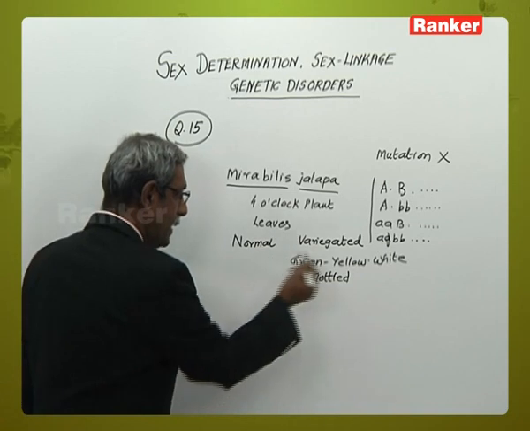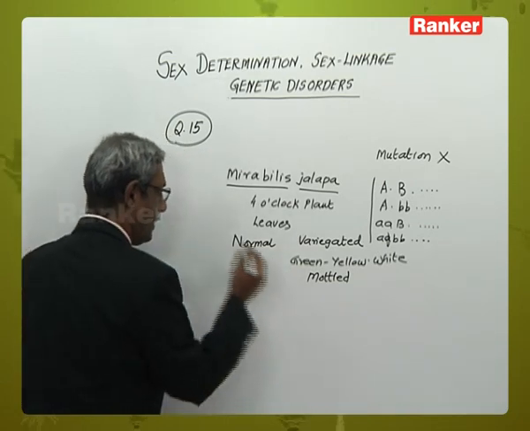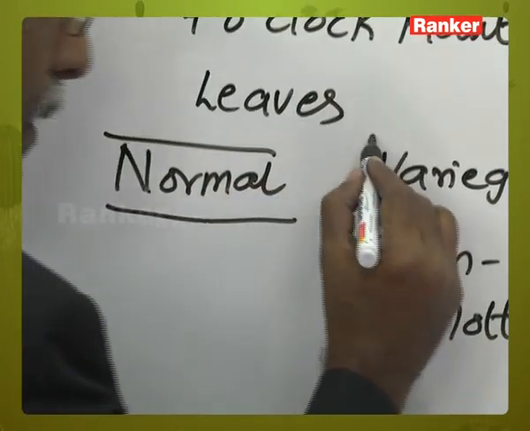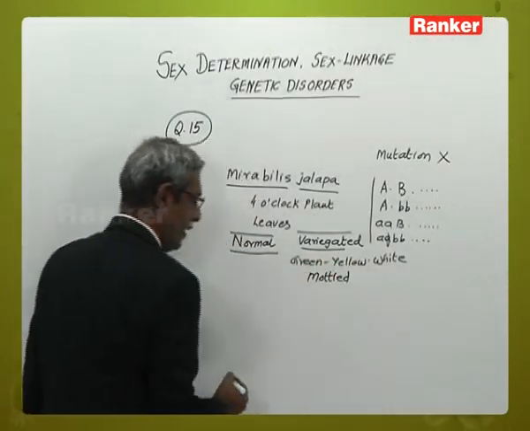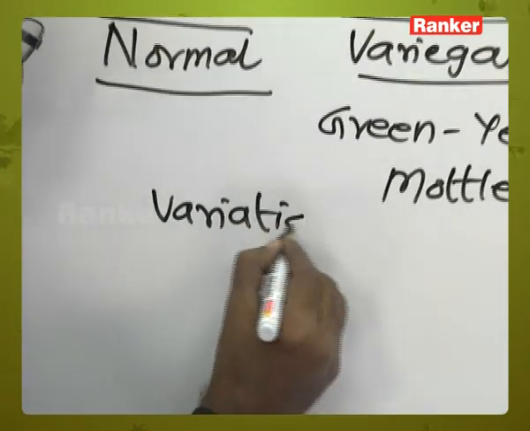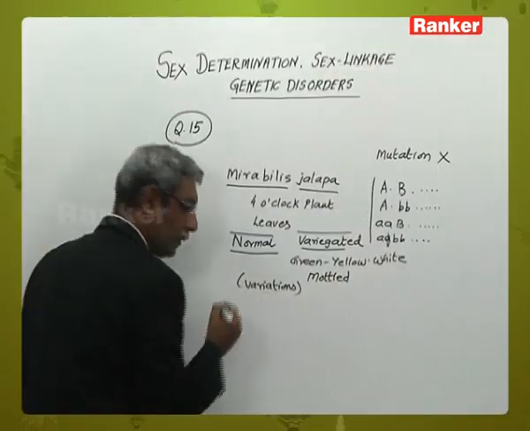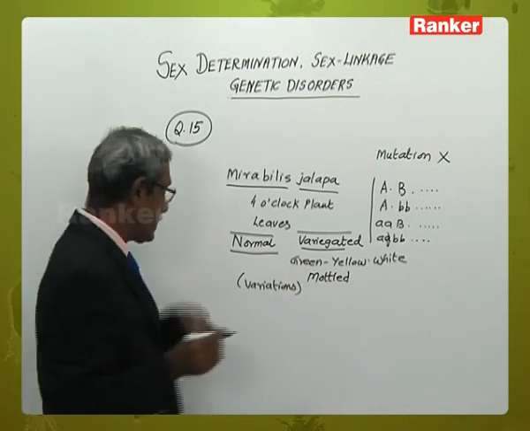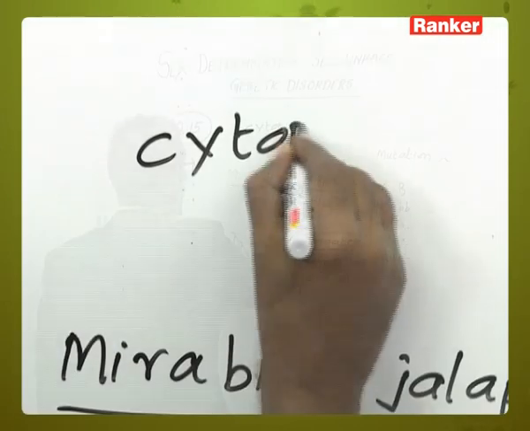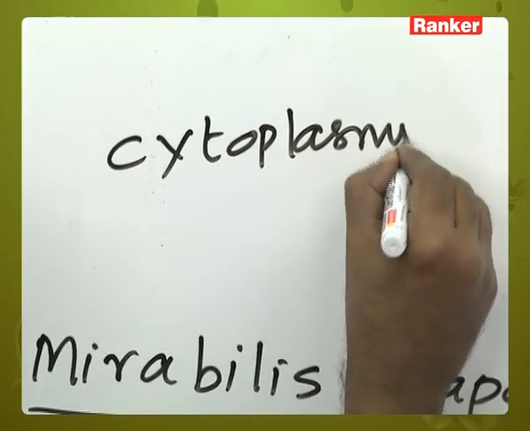But when there is an inheritance pattern where there is a normal leaf and a variegated leaf, and there are variations due to crossings, the variations are due to the presence of cytoplasmic inheritance.